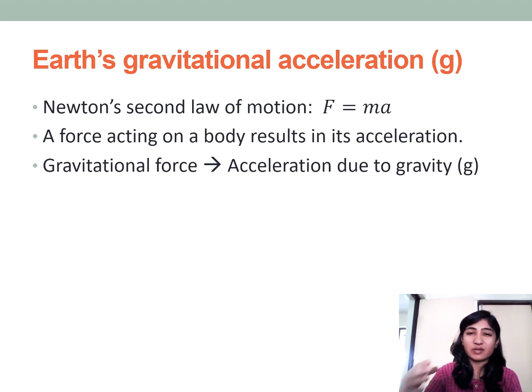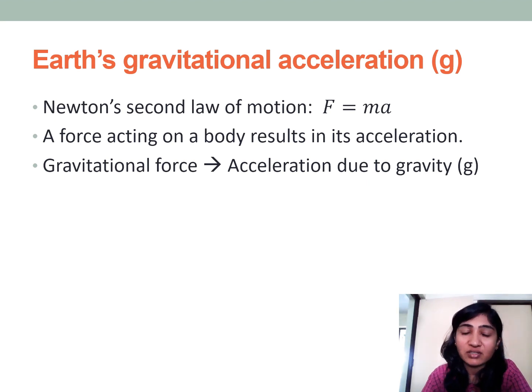We are going to study it in detail in this lesson. But from the second law, if there is force, there is acceleration. Here there is gravitational force, so there is some acceleration, which is called acceleration due to gravity, denoted by small g. It is a vector quantity.